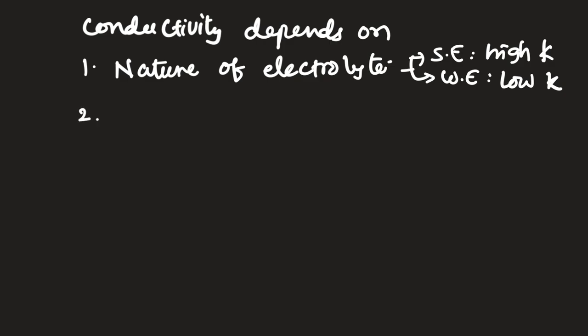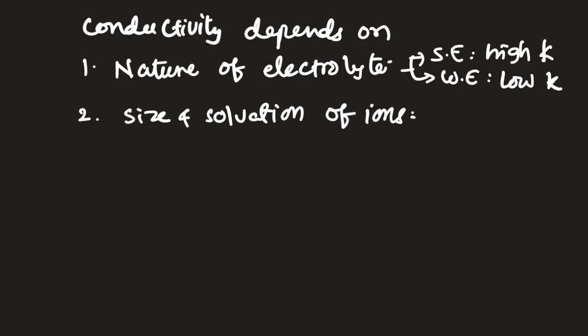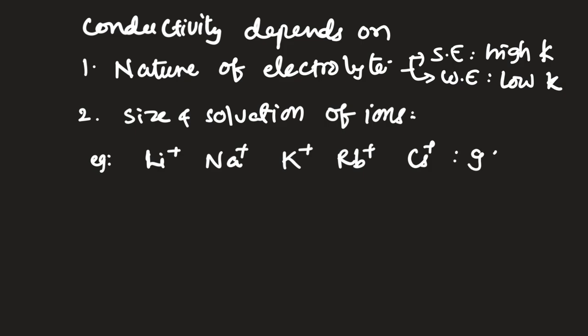Second one, size and solvation of ion after ionization in aqueous solution. Generally, Li+, Na+, K+, Rb+, Cs+ in gaseous form: Cs+ is the larger size, Li+ smaller.